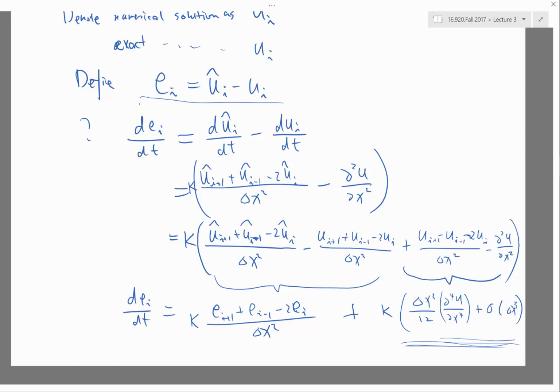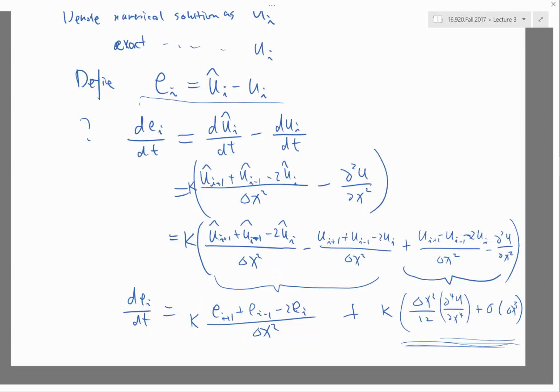Once you have an e i, you may get a bigger e i at the next time step. Then you may get an even bigger e i at the next time step. It's kind of a positive feedback. So in that case, we just saw that delta t equal to 0.01 has a bigger error because this term has an even faster positive feedback. All right, does it make sense?